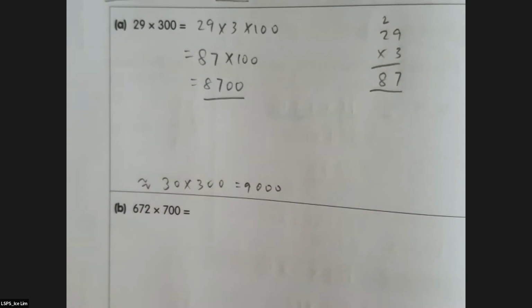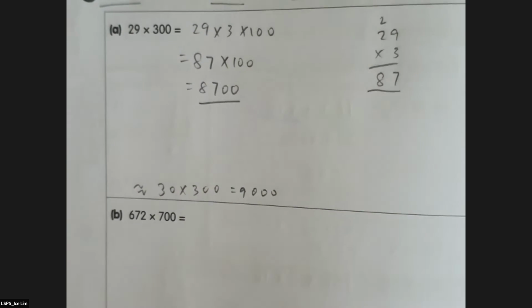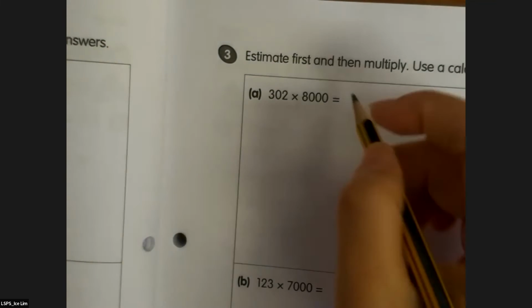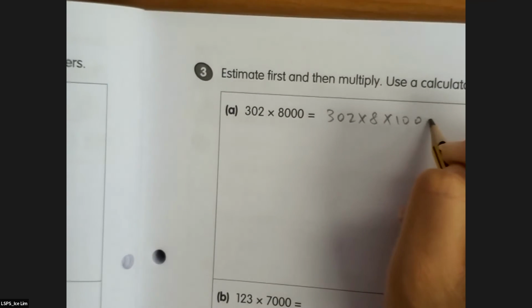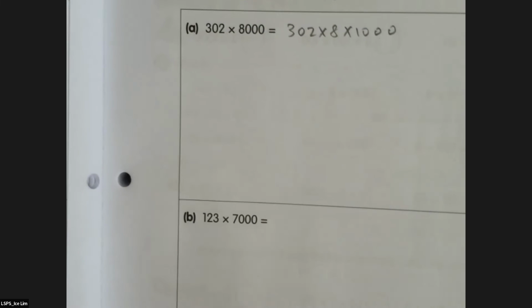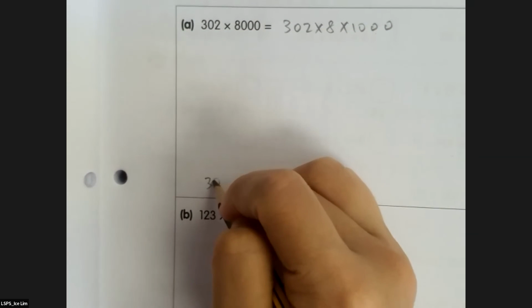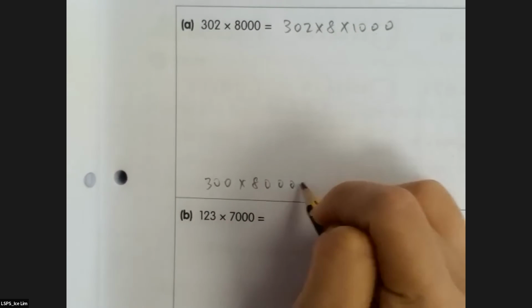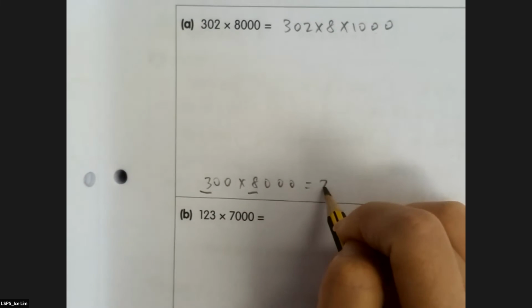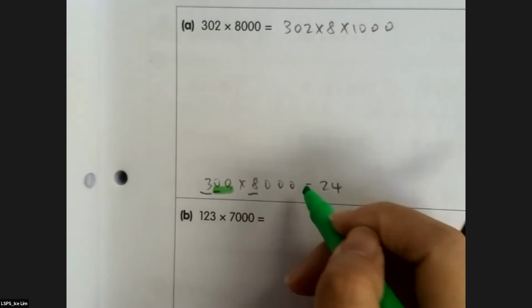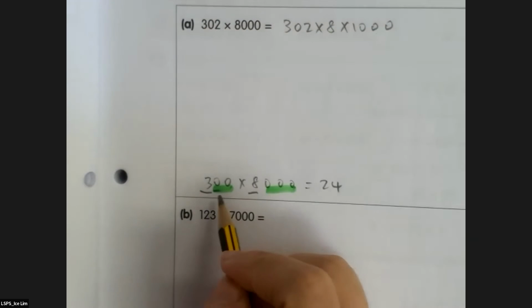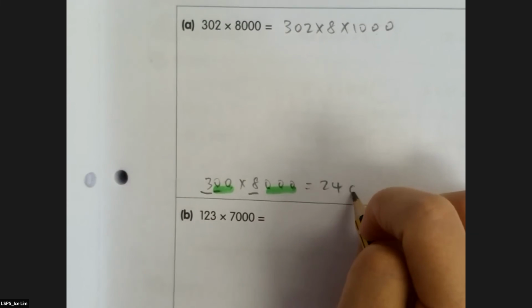Okay. I jump to the next page, page 23. If I do the estimation, it's about 300 times 8,000. So 3 times 8 is 24. I have 1, 2, 3, 4, 5 zeros behind.